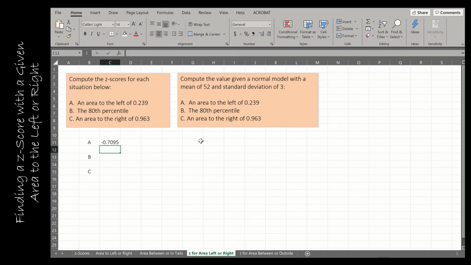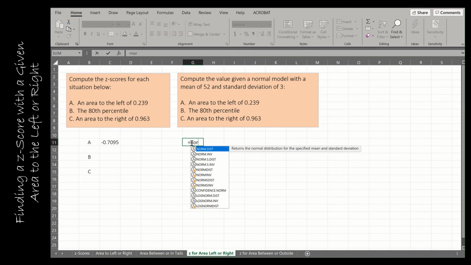So using the mean of 0 and the standard deviation of 1, it's going to return a z-score. Now, doing the exact same question, but instead of finding a z-score, I'm finding the value in the question. So for instance, the normal model with a mean of 52 and a standard deviation of 3, what would be the raw score? So we know it's going to be a little bit less than 52 because obviously this is a negative z-score, but really the only thing I have to do is norm inverse.